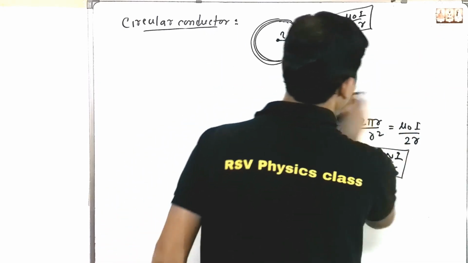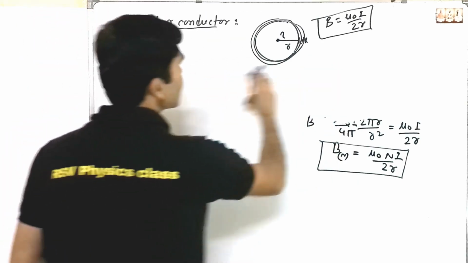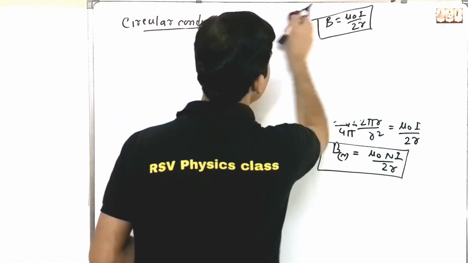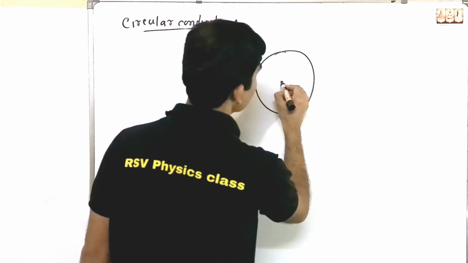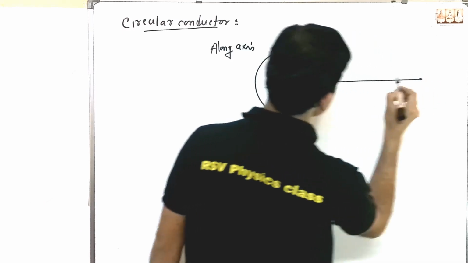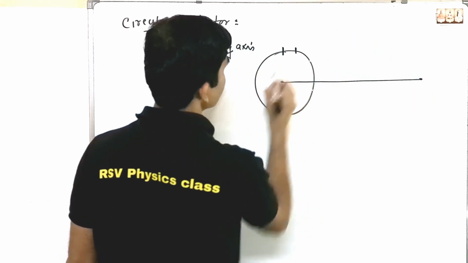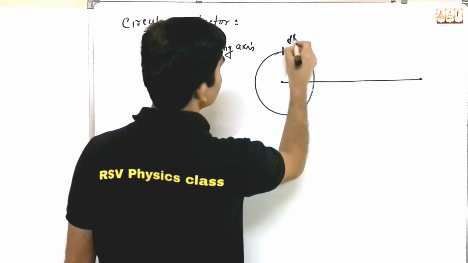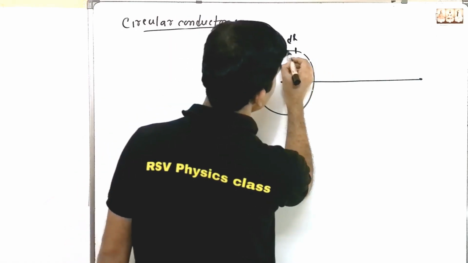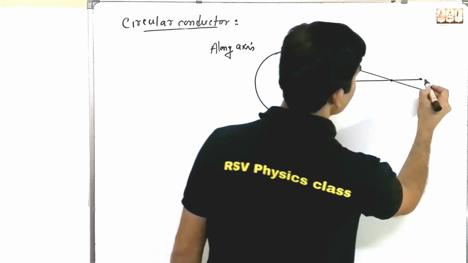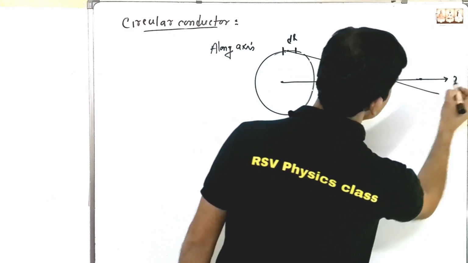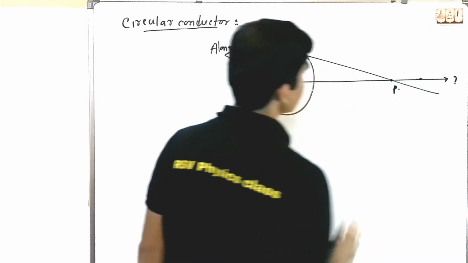Now if I want to calculate the axial field on the axis, the coil is placed here. So you have to calculate the magnetic field along the axis. There is x, this is dl, and you have to calculate from this point along the axis how much the magnetic field is.